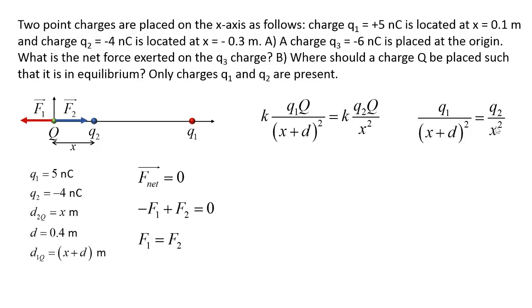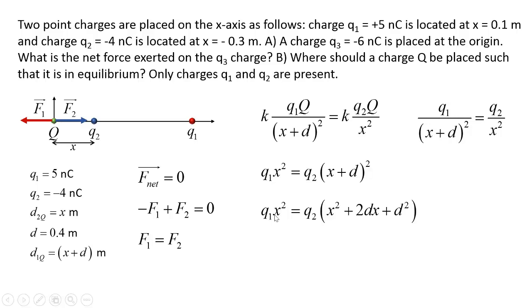Now what we do, we cross multiply this, and we get Q1 x squared equals Q2 times (x plus d) squared. We square the parentheses, and we have Q1 x squared equals Q2 multiplied by x squared plus 2dx plus d squared. We open the parentheses and rearrange all the terms such that we have something equals 0.